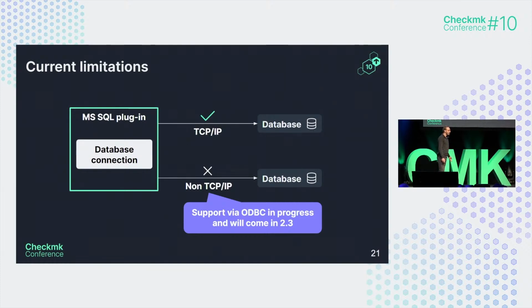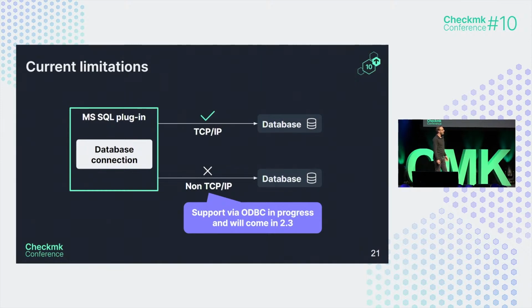But very simple setups which do not have TCP/IP enabled by default are currently not covered, as the connection is admittedly simple but also not necessarily always reliable. And we are currently investigating how we can combine both, covering simple setups as well as providing a reliable way to monitor these.